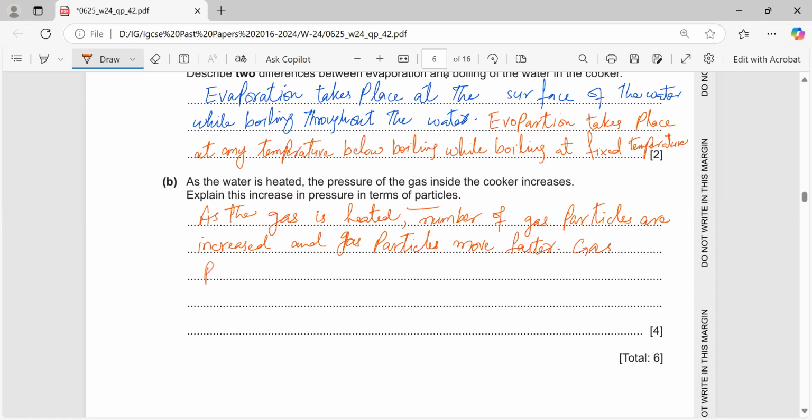Gas particles hit or collide with the walls of the cooker more frequently, and exert greater force.